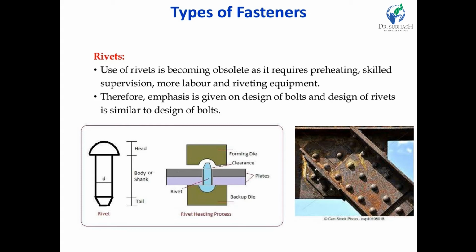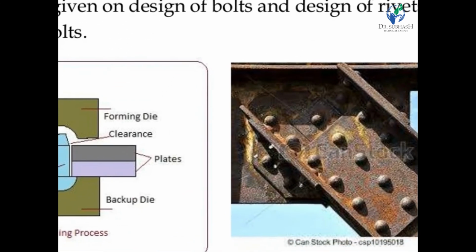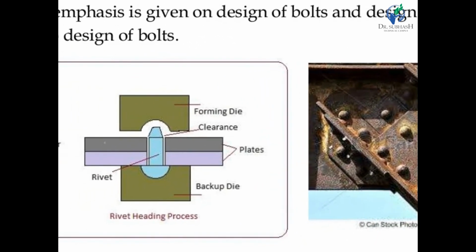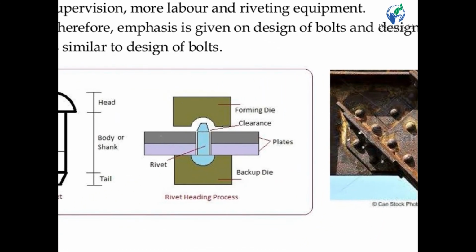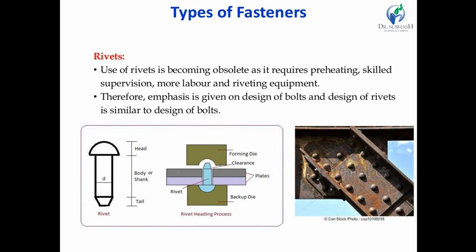Therefore, emphasis is given to the design of bolted connections, and the design of rivets is similar to the design of bolts. In the new code, after the revision of IS 800, riveted connection is neglected, and the same can be designed as a bolted connection. Here you can see the figure of riveted connection. Special skilled labor and riveting equipment are needed to provide a riveted connection.